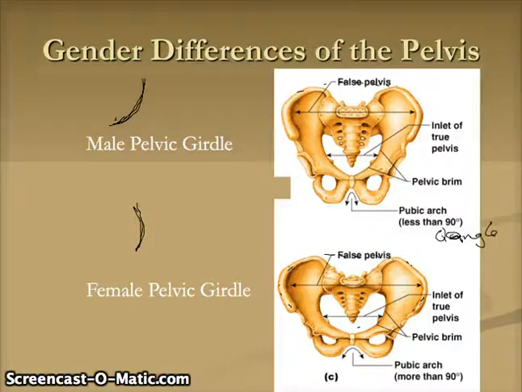So we've got the Q angle, the false pelvis, the true pelvis, the pelvic brim. That's pretty much it. When we talk Q angle, less than 90, greater than 90. So make sure you know the anatomical differences between male and female.